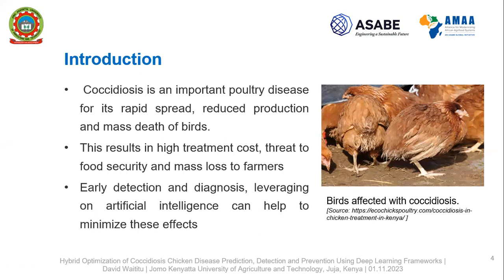That's the reduction in production. It also leads to mass death because it spreads so fast to other birds. Overall this results in high treatment costs, because the farmer has to find medication and also incurs losses from the death of birds.